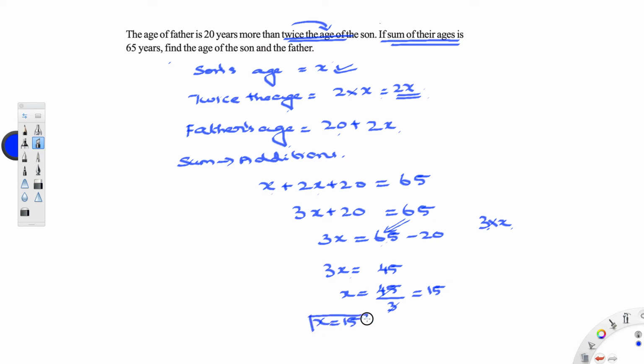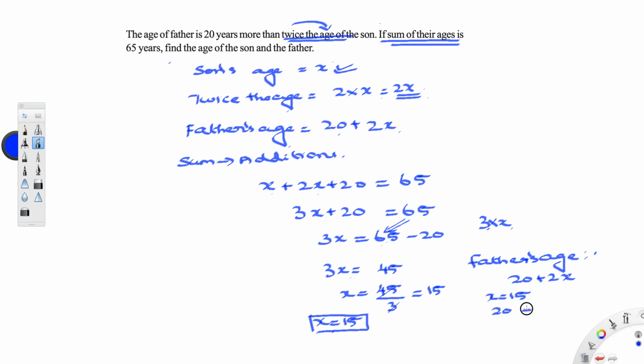Once you find the son's age, the father's age is nothing but 20 plus 2x. It is an expression. So we can evaluate the value of this expression by substituting x is equal to 15.